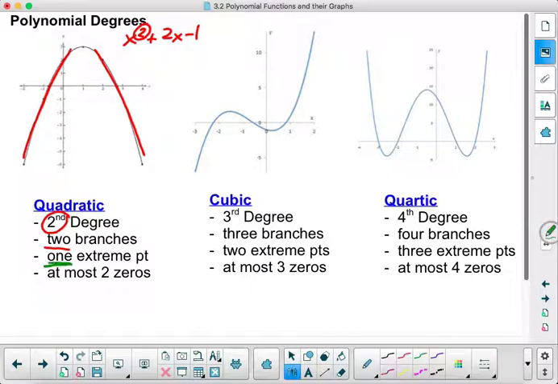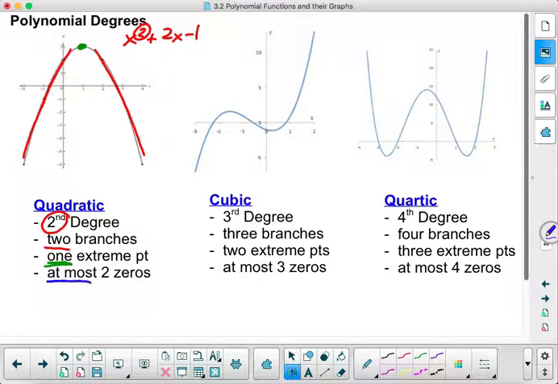Quadratics have 1 extreme point. We call that the vertex. In this case, it's the highest point on the graph, and that's my 1 extreme point. I can't have 2 extreme points, only 1 if I have a quadratic. And the unique thing about quadratics is they will only have at most two zeros.